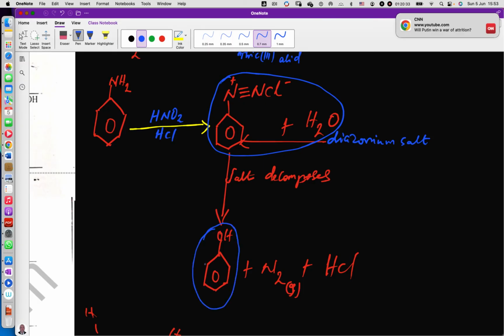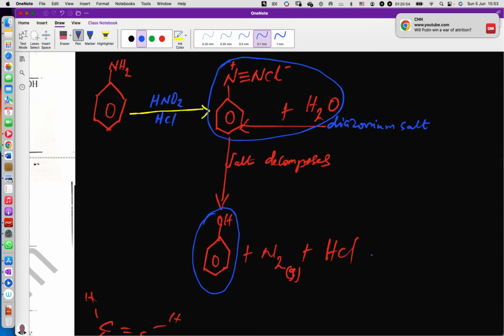A phenol is our final product. Once more, this salt is very unstable; on warming with water, it gives off nitrogen, forming a phenol and HCl.